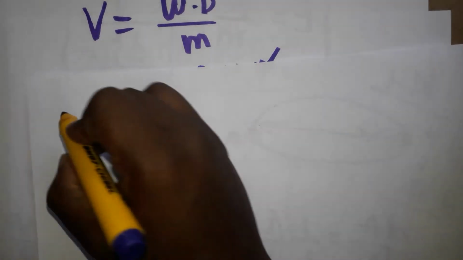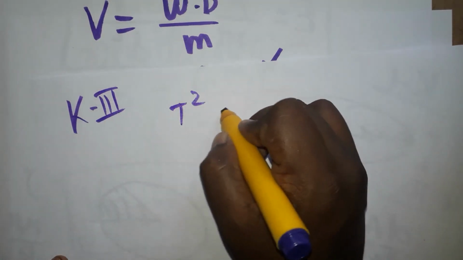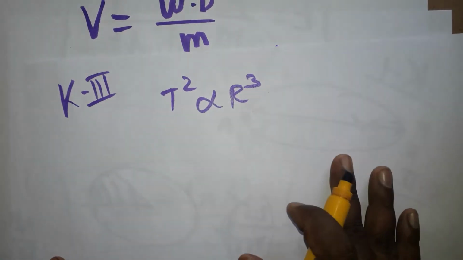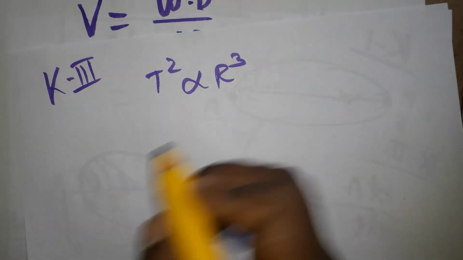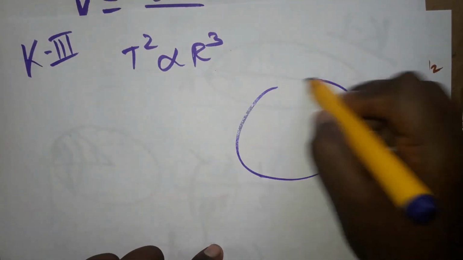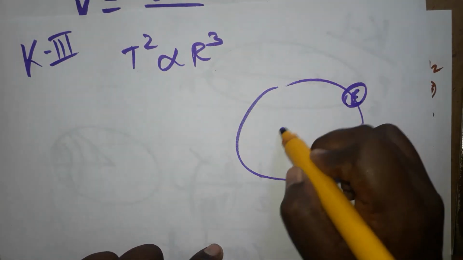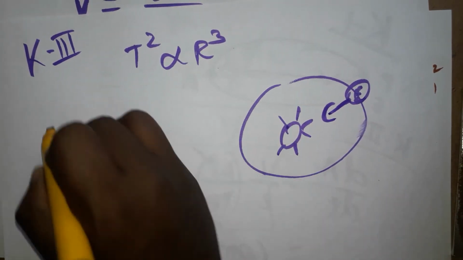Kepler's third law says the square of the time period is directly proportional to the cube of the radius. We get this equation when the earth is revolving around the sun. When the earth is revolving around the sun, centripetal force is equal to gravitation force.